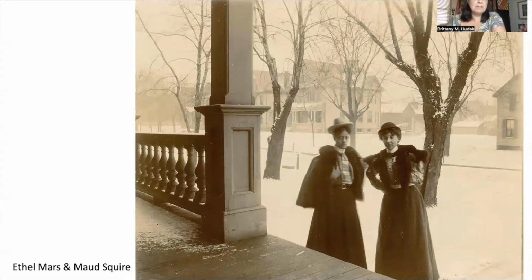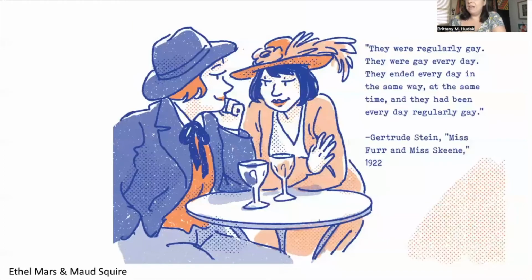These two women lived in Paris openly as lesbians in the early 20th century, so much so that they inspired two characters in one of Gertrude Stein's stories, the words for which leave very little to the imagination. So Miss Furr and Miss Skeene were definitely very gay.